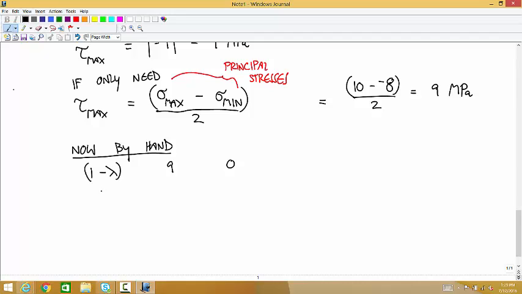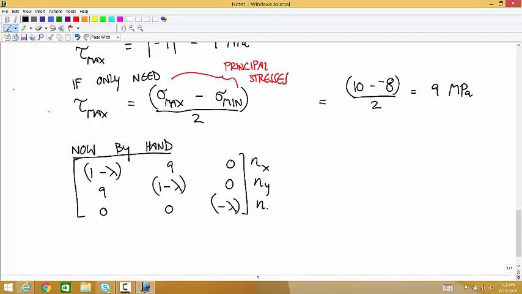The second row is 9, and then the quantity 1 minus lambda again, 0. And then the last row is 0, 0, minus lambda. And we want a solution where this times a normal vector, a unit vector, is equal to the 0 vector.